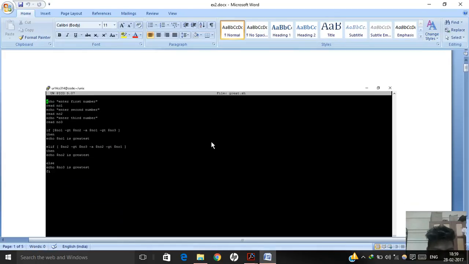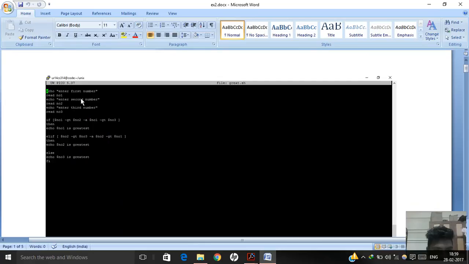So as you can see, this is a command which I have given in shell programming. So this is echo for printing, and it is printing "enter the first number". Then read is for storing it as number 1, which is the input you have given. Then second, then third, and all these will be stored.